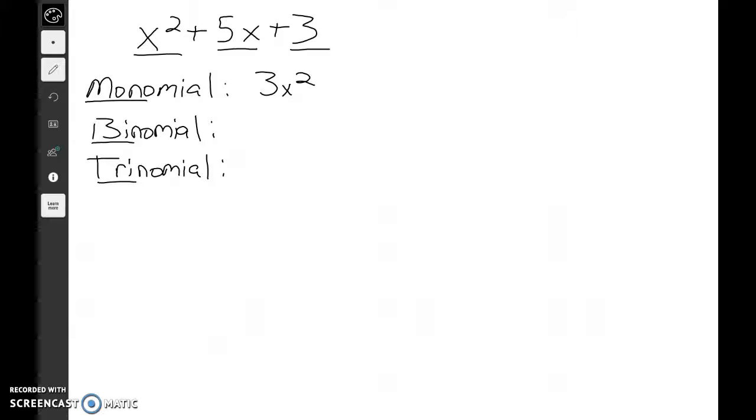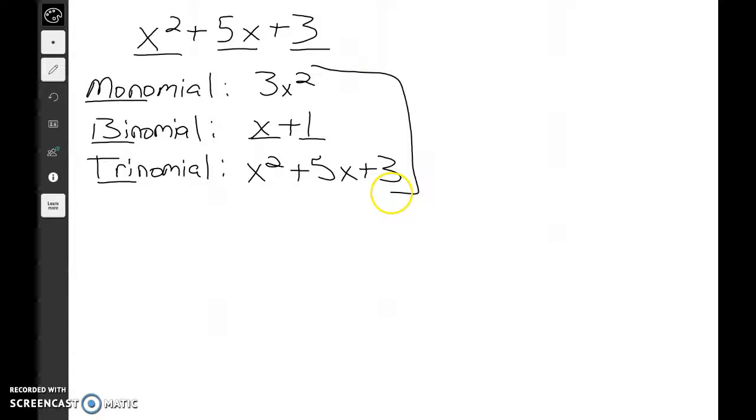A binomial would be something with two terms, like x plus 1. That has two terms, so two terms would be a binomial. Three terms would be a trinomial, like our example up above, x squared plus 5x plus 3. All of these are what we know to be polynomials.